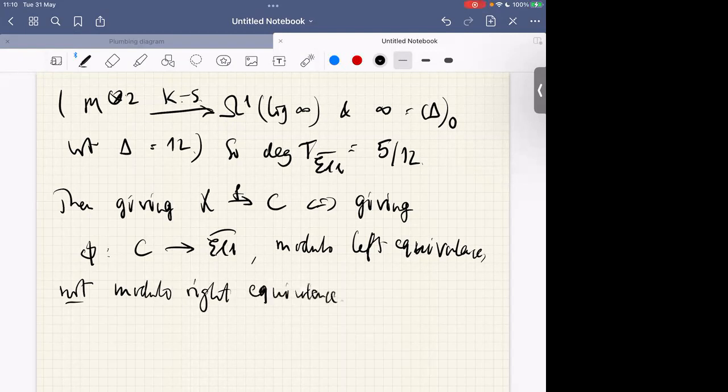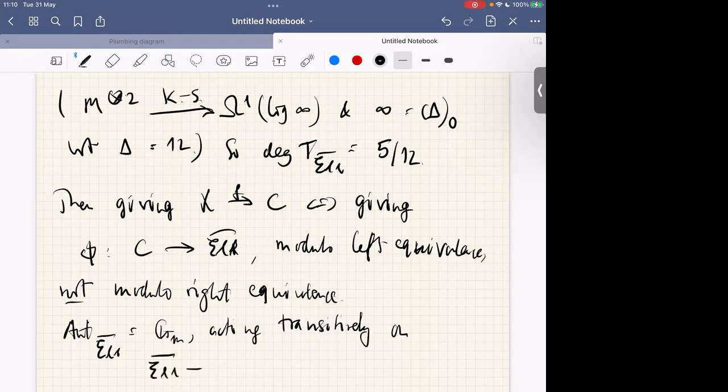So what is the automorphism group of this stack? This stack has an automorphism group, which is G_m, acting transitively on the complement of the locus where the J invariant is either 0 or 1728.